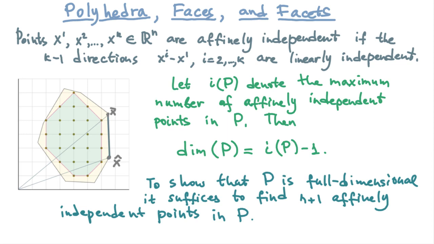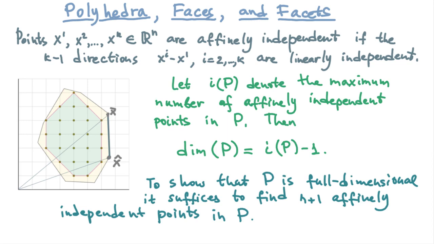But what if it belongs to more than one defining hyperplane? Then the dimension will be less than n-1 and the face is not a facet. So what do we do? To show that the dimension of a face is n-1, we just need to find n affinely independent points that belong to this face. Why can't we use linear independence for this?